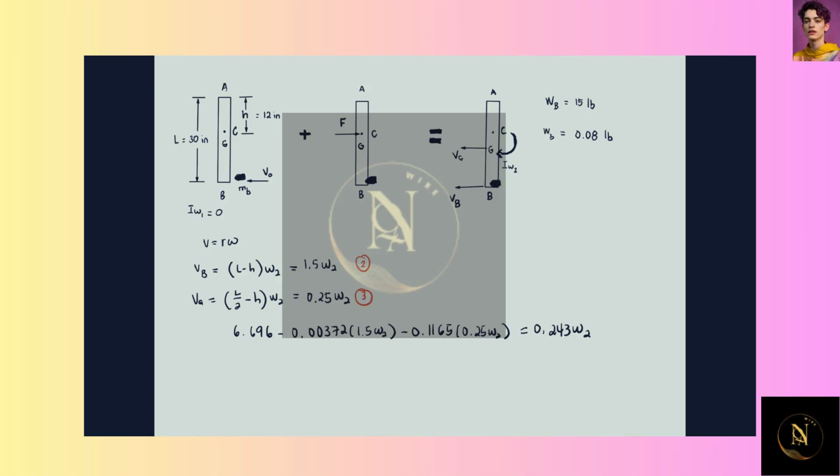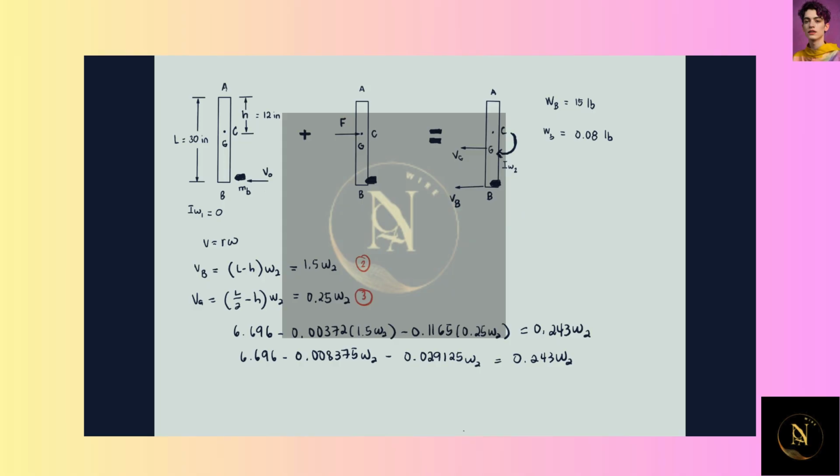So, simplifying the equation, this will become 6.696 minus 0.008375 omega sub 2 minus 0.029125 omega sub 2 equals 0.243 omega sub 2.